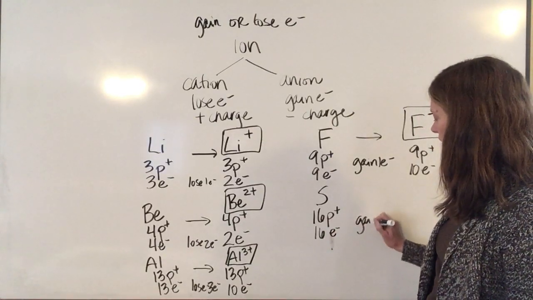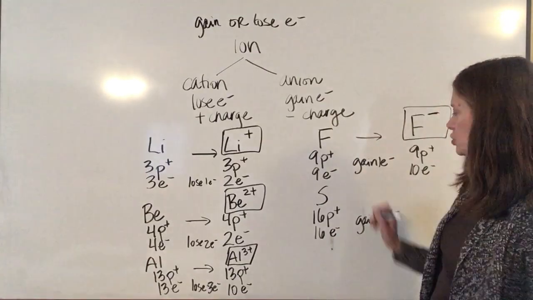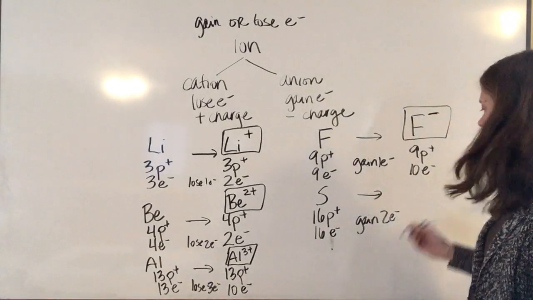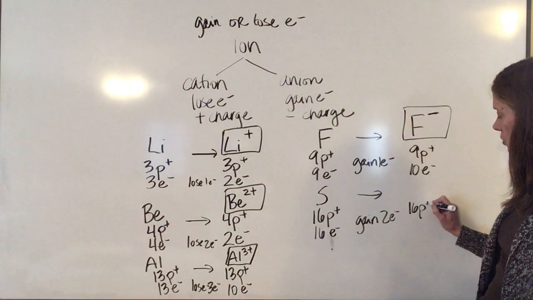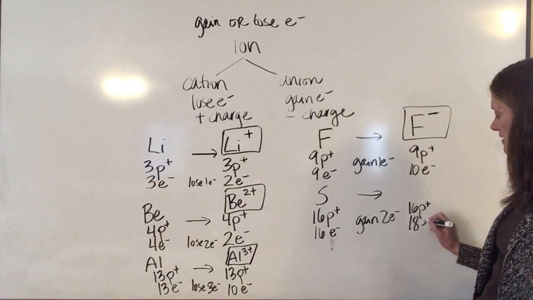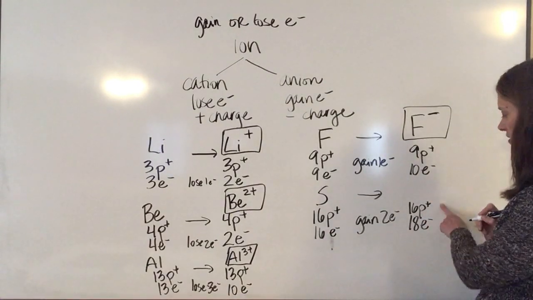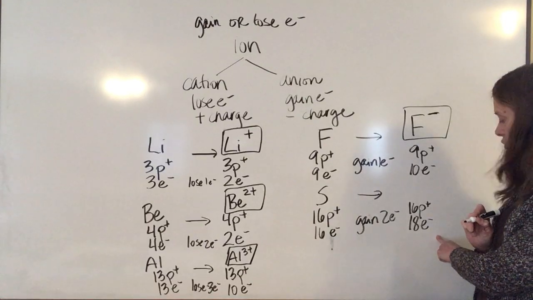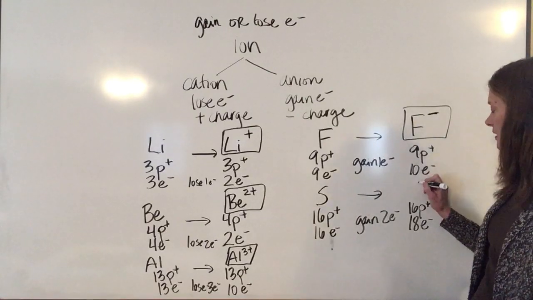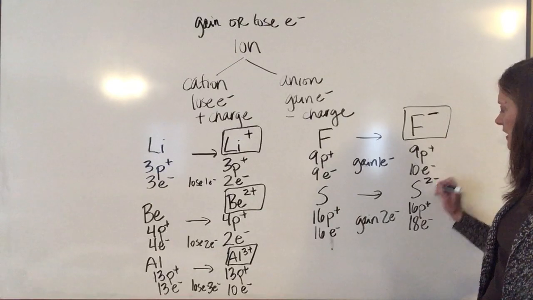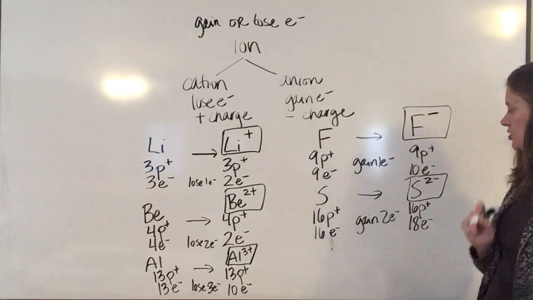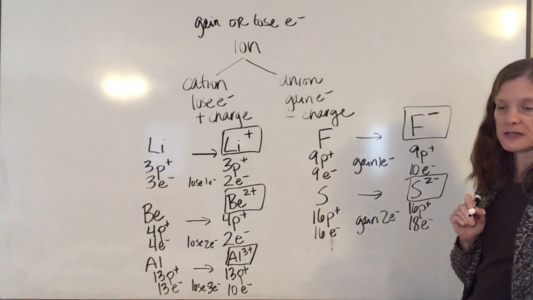Let's say that it's going to gain 2 electrons. It's still going to have 16 protons, but now it's going to have 18 electrons. So what's the charge going to be? Well, if I have 2 more negatives than I do positives, that means I'm going to have a minus 2 charge. And that's what the symbol is going to look like there.